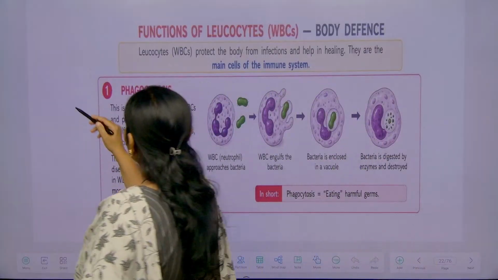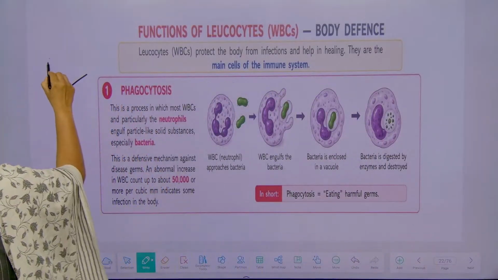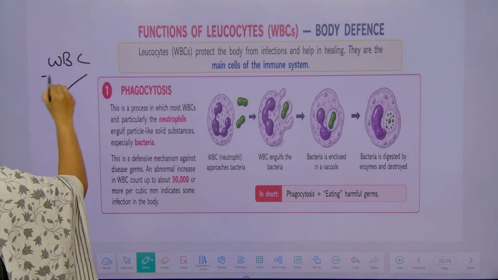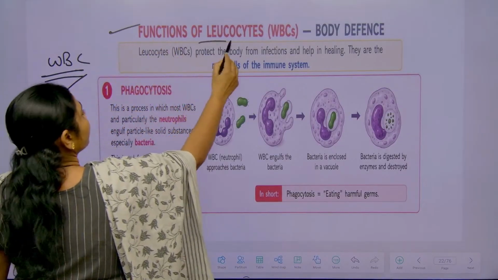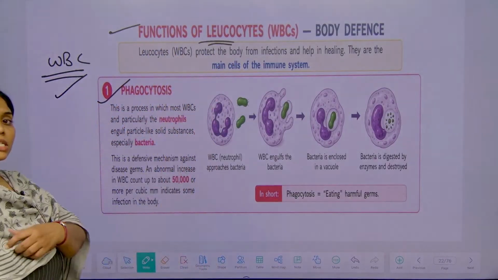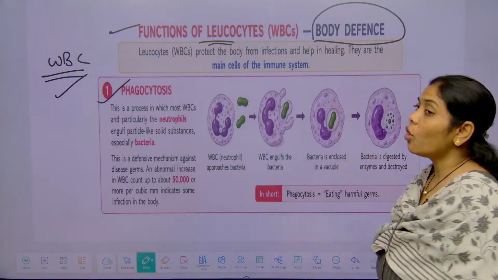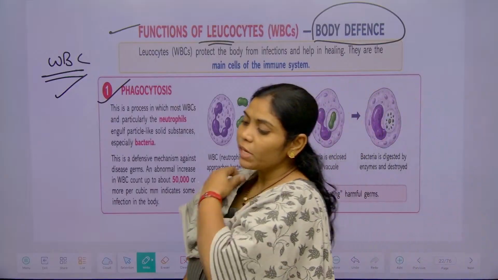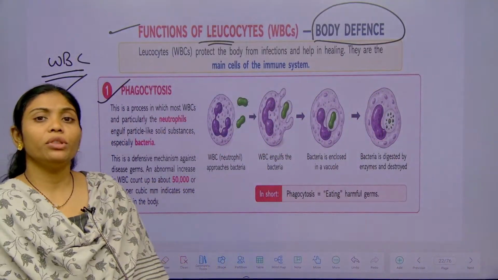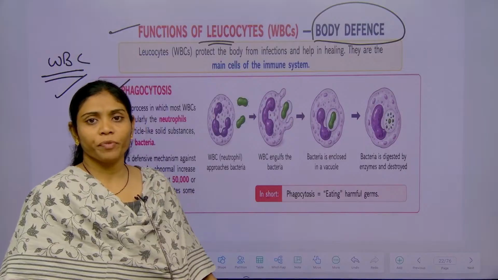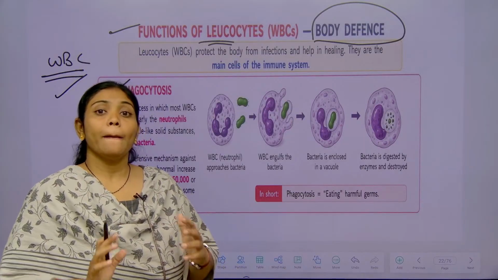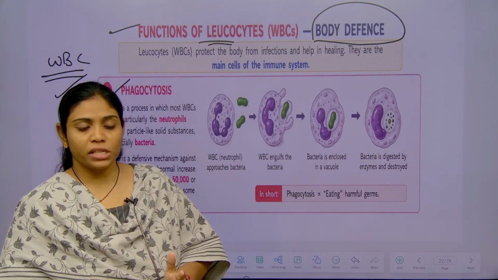Students, as we discussed, what do all kinds of WBCs do? Phagocytosis, and most of the WBCs do body defense. Defense means to fight against. With whom are we fighting every day? Every day we are fighting millions of pathogens.